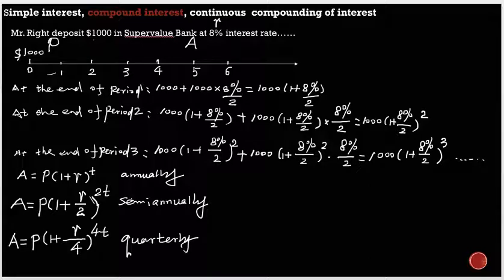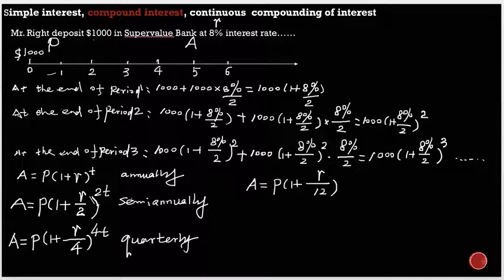The same principle, if we compound monthly, the formula shall be annual interest rate divided by 12.